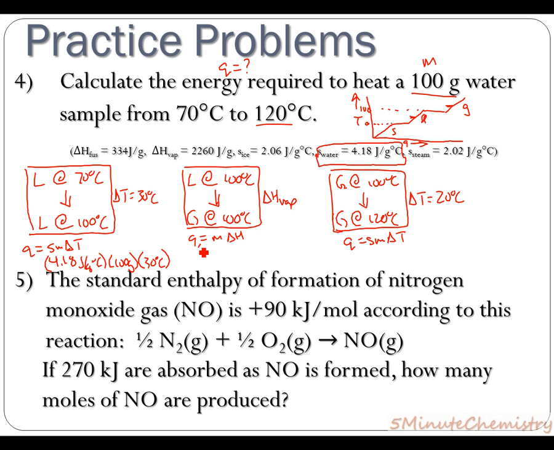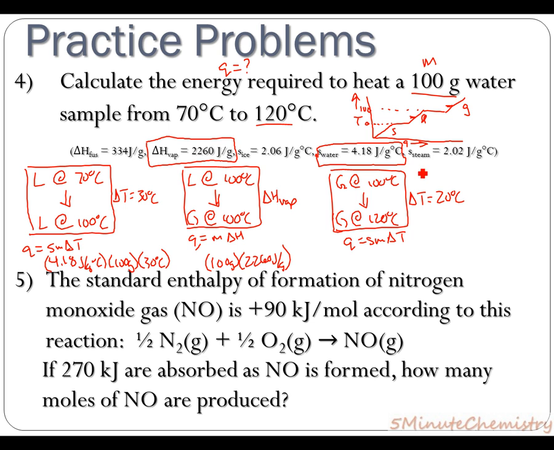Now, this next Q is going to be the mass, 100 grams, times the heat of vaporization, because that's this process. The heat of vaporization for water is given right here in joules per gram. So 100 grams times 2,260 joules per gram. And lastly, we're going to take the specific heat of a gas.